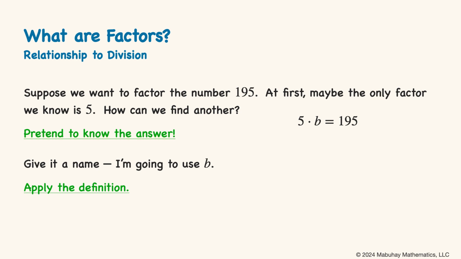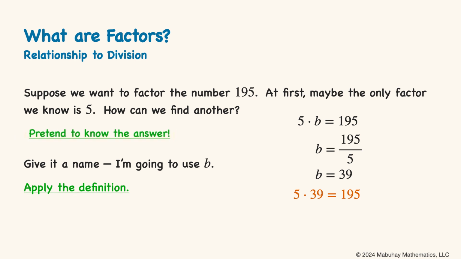From here, we want to isolate b. So in this case, we can divide both sides by 5. On the right, we get 195 divided by 5, which is 39. So b is 39. And this tells us that 195 factors as 5 times 39. Okay, so this approach of pretending to know the answer and applying the definition allowed us to find a missing factor when we knew one of them.